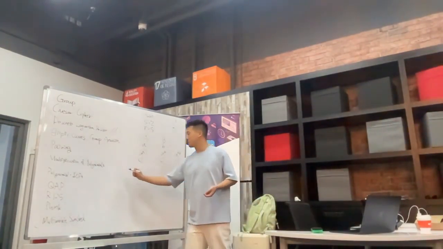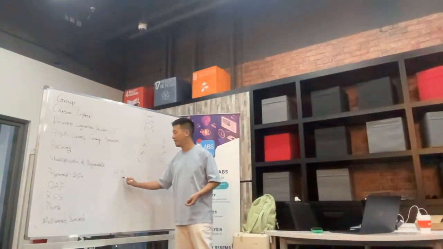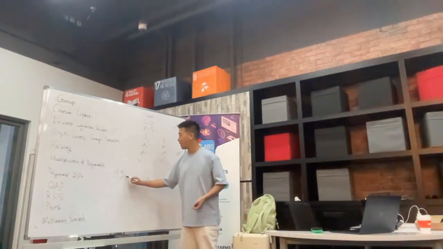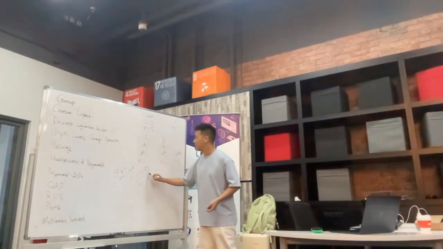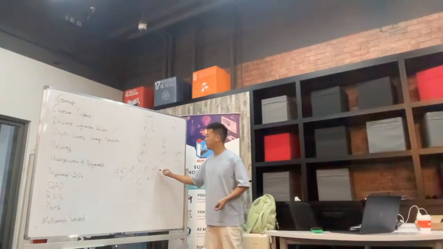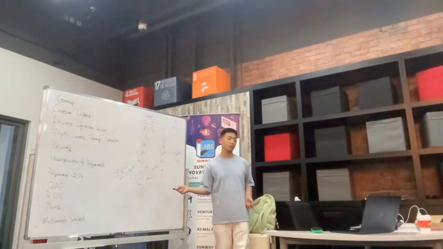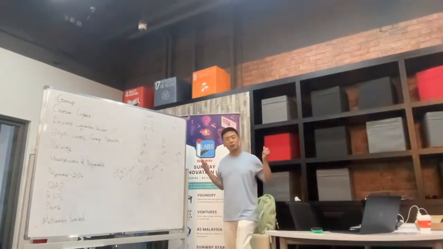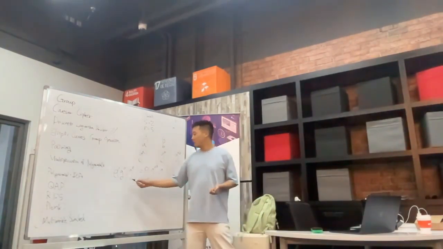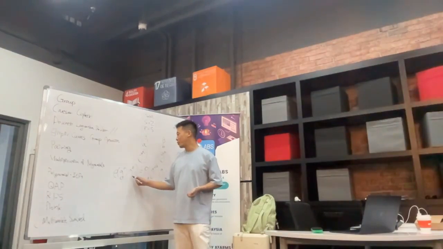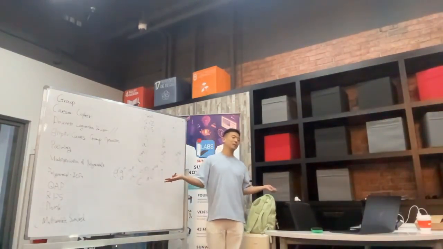We introduced the pairing function here, E, which will result in the same W, like this one. To be more precise, the inputs are in group 1 and group 2, and the result is in group T.